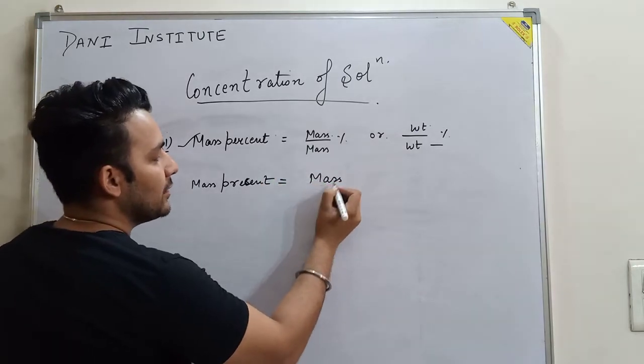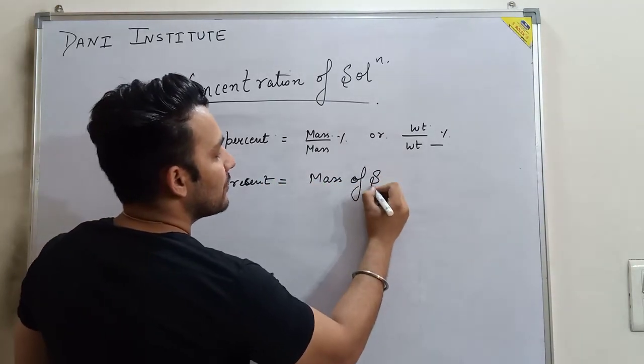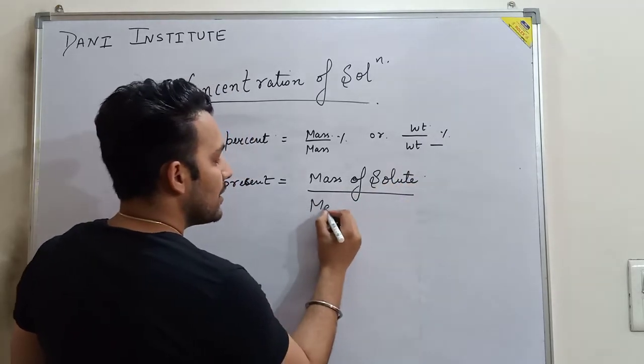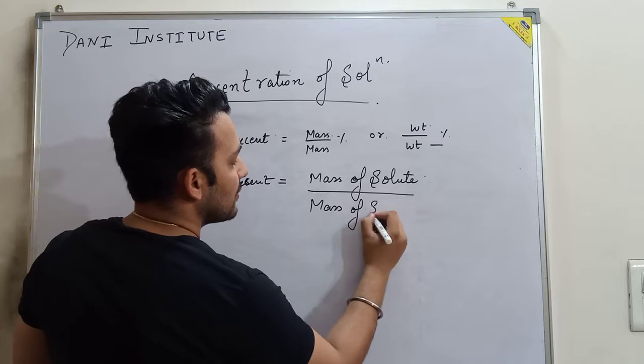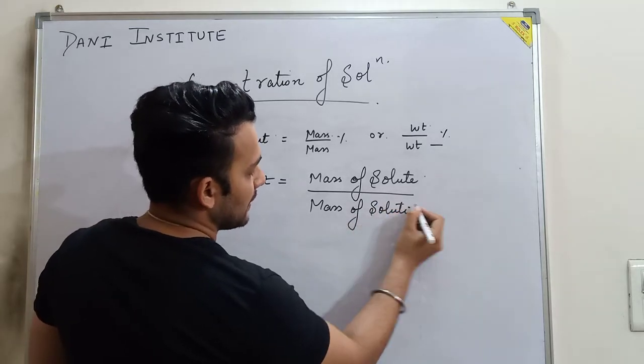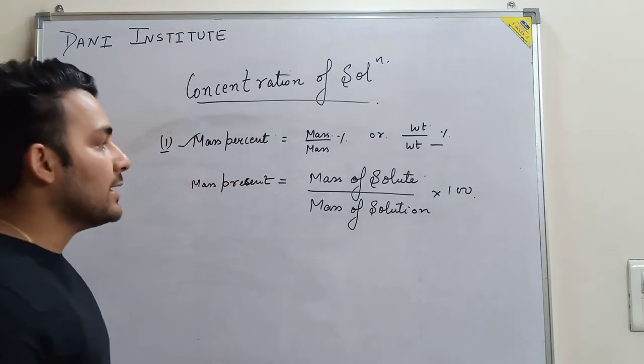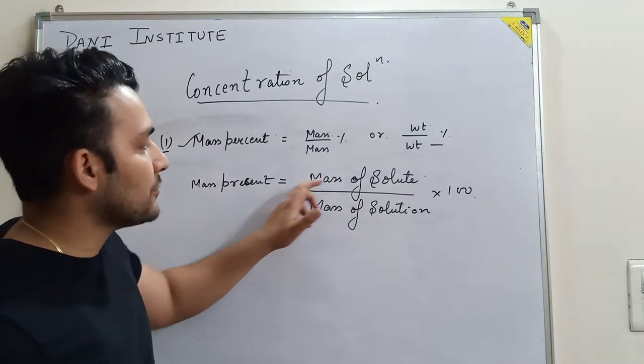In the numerator we will have mass of solute divided by mass of solution into 100. Instead of mass we can write weight of solute.